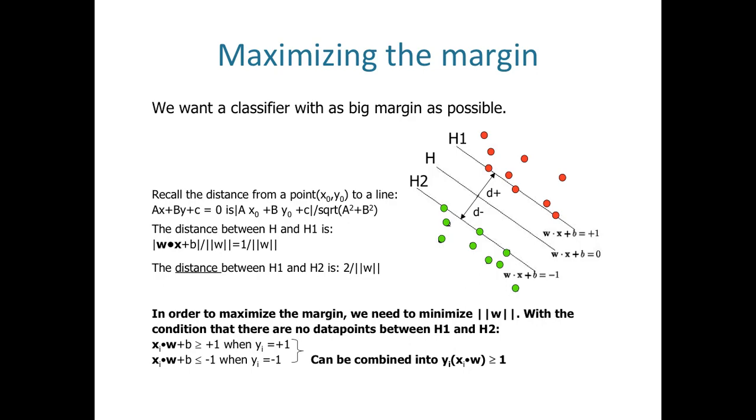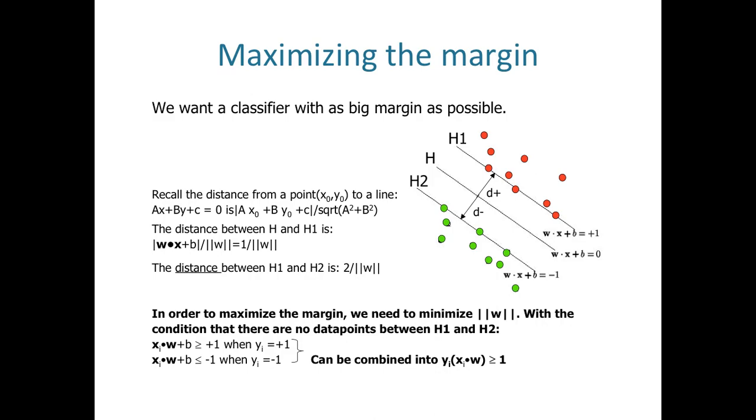The double vertical line represents the norm, or in this case the Euclidean norm, which is basically the length of the vector. Okay, and so we can rewrite that as 1 divided by the norm. So if the distance between h and h1 can be written as 1 divided by the length of the w vector, the vector of weights, then the distance between h1 and h2 can be represented as 2 times that. Okay, and that distance, that margin, is the one that we want to maximize.